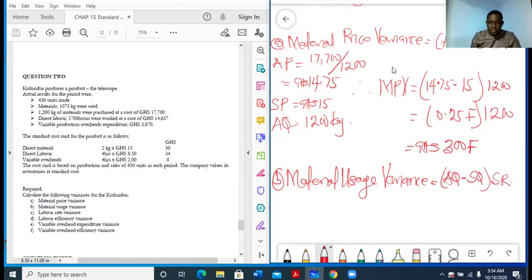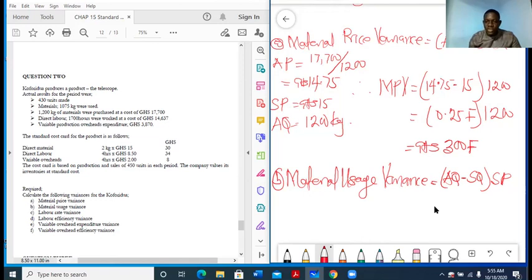Sorry, the standard rate is the standard price. So the actual quantity minus the standard quantity, measured at the standard price. What's the actual quantity of materials used minus the standard quantity?